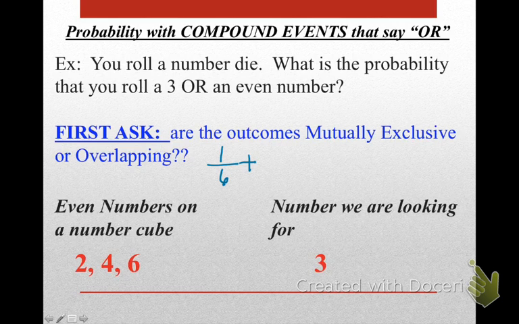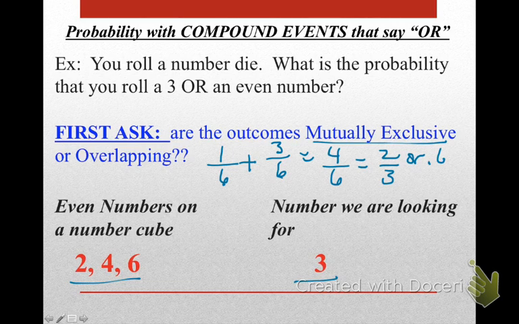The chances that we'll get an even number is 3 out of 6. Now these are mutually exclusive because we can see that none of these, either a 3 or our even numbers, overlap. So we simply add those probabilities, 4 out of 6 chances. We reduce the fraction to 2/3, and then we can write that as a decimal, which is 0.67, or a percent, 67%.